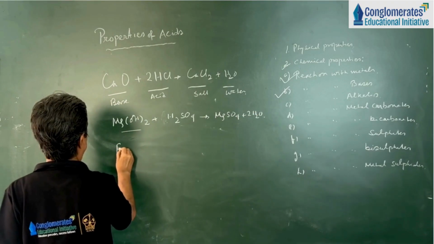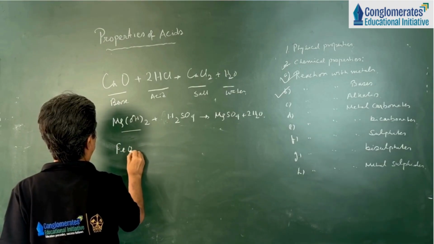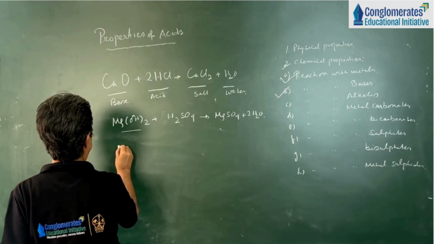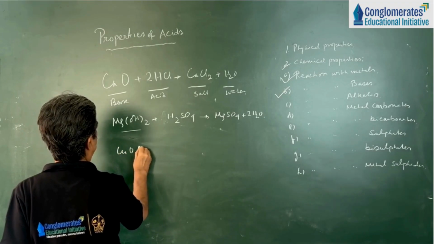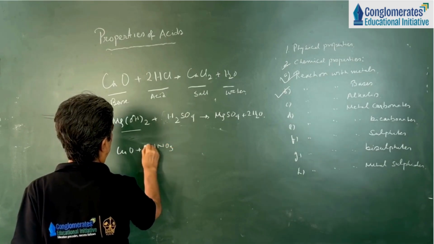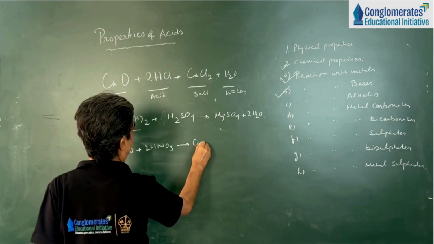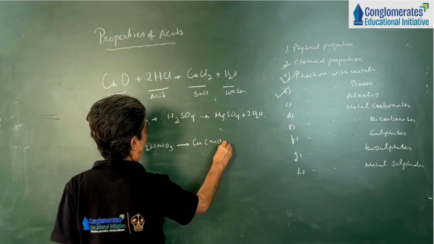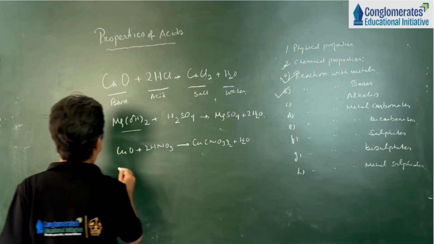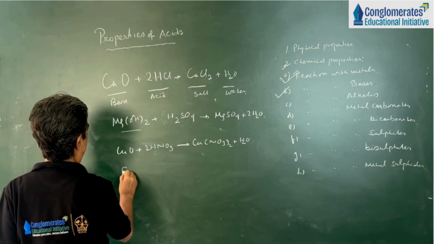Similarly, FeO or Fe2O3, suppose CuO plus HNO3, 2HNO3, to form Cu(NO3)2 plus H2O. And finally, one more example, let me give you.